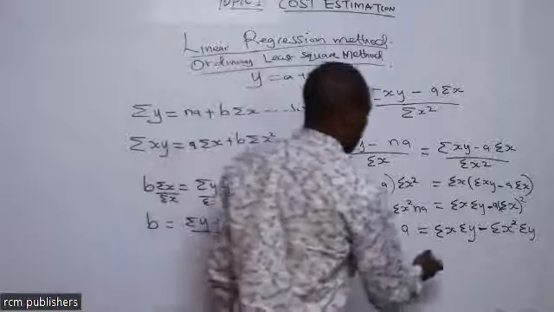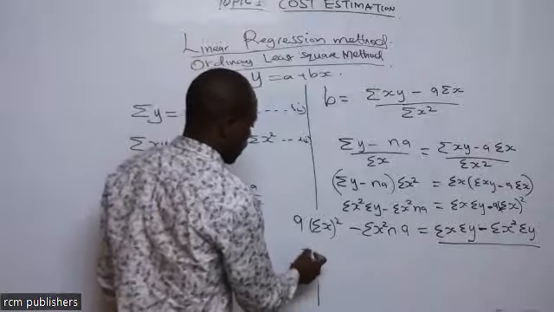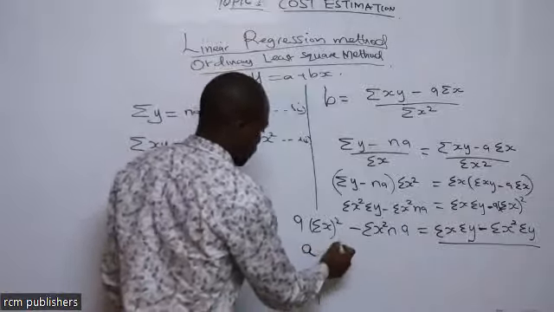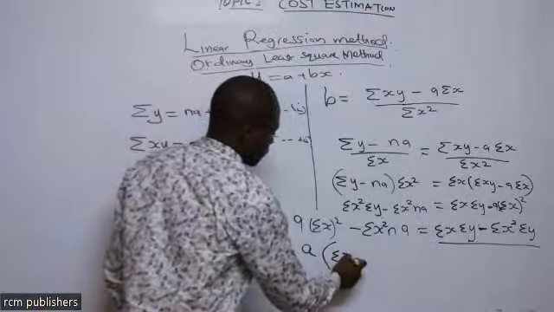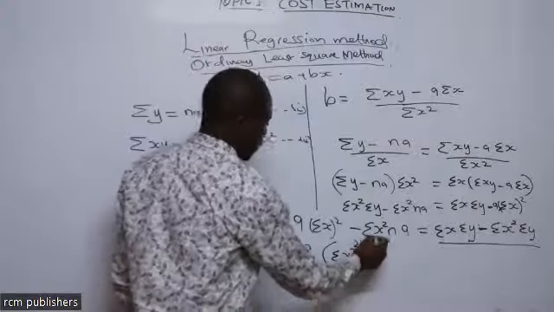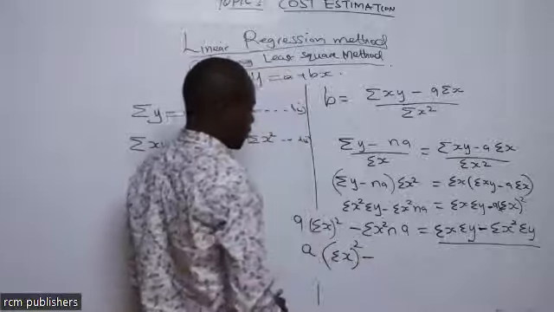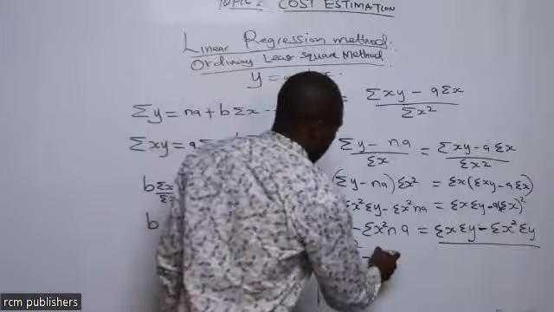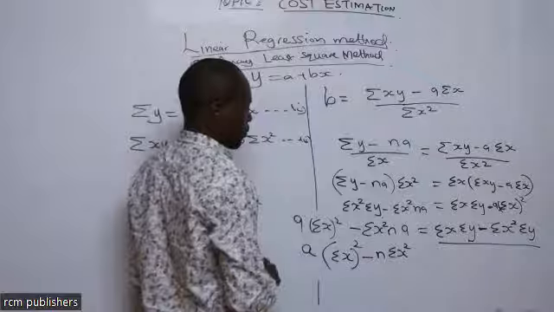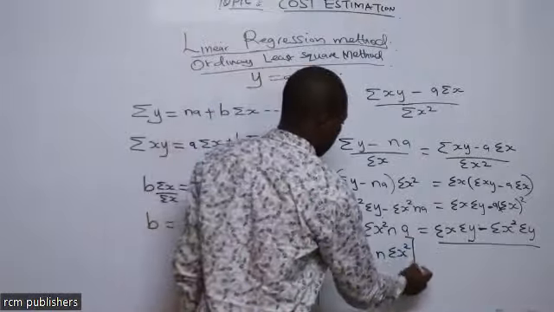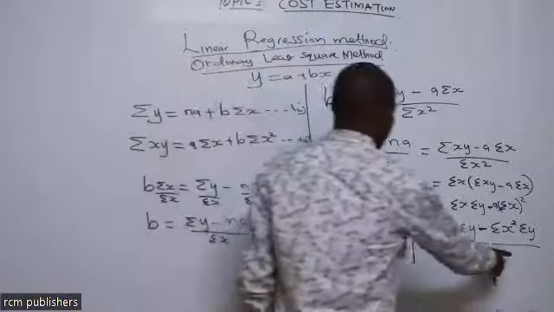Then we are now going to divide to get our A. So A into bracket summation of x squared minus n summation of x squared. That is what we have, which we are supposed to take to this side.